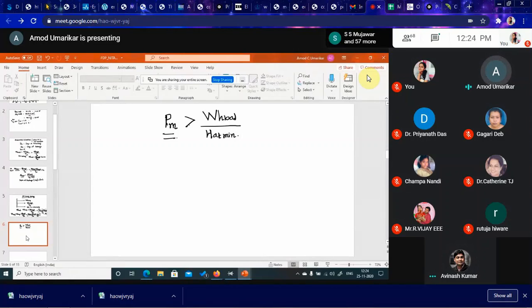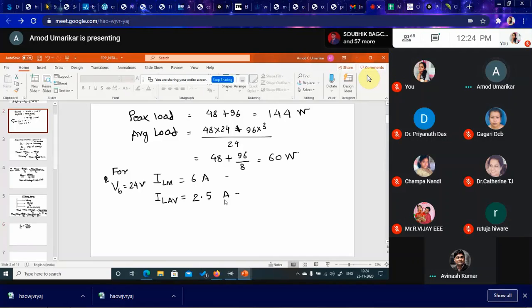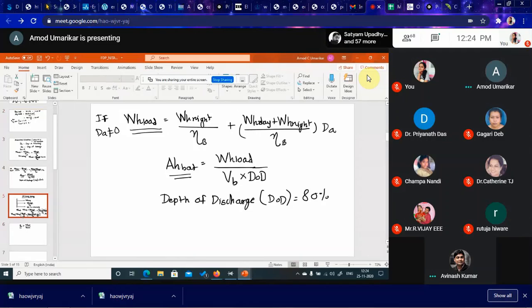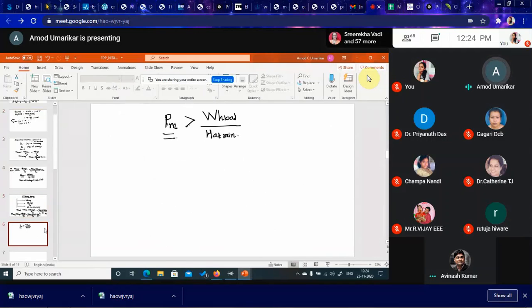Now let us check with our example. So this is what we have found out: peak load and average load. What is the day load for us?